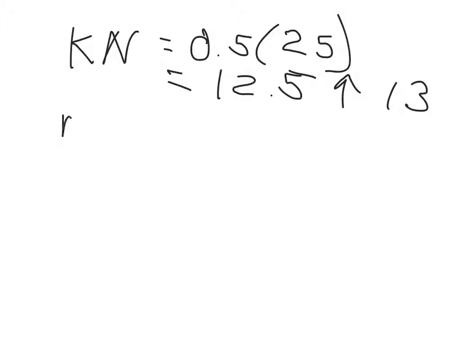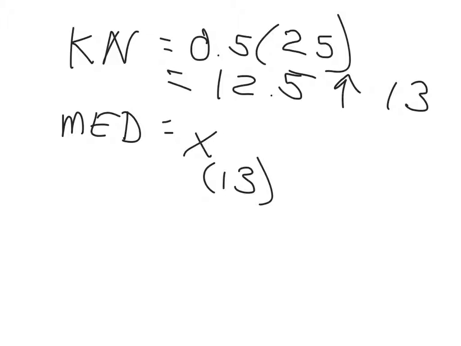That tells us that the median can be found at position 13. Now notice we're using the values in parentheses as the subscript, so that tells us it's the sorted values.